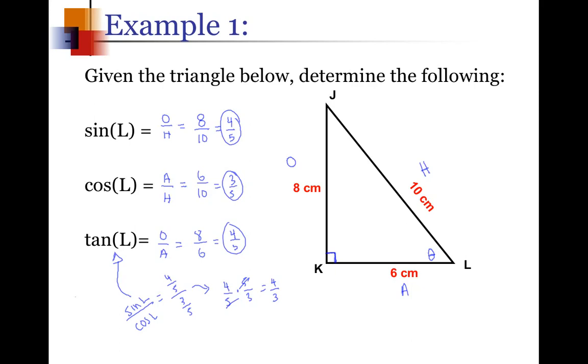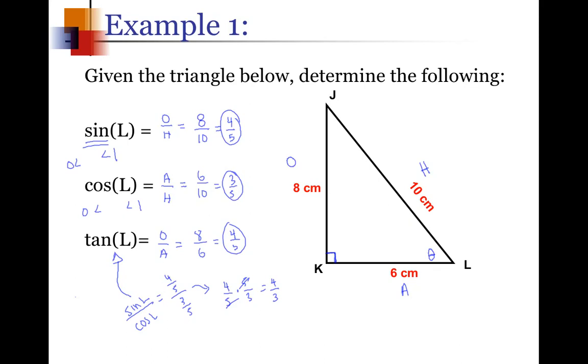Another good thing to know is that the sine is always going to be less than 1. Right? So when we're doing these, it's going to be somewhere between 0 and 1. Same thing with cosine. But for tangent, that can be greater than 1.